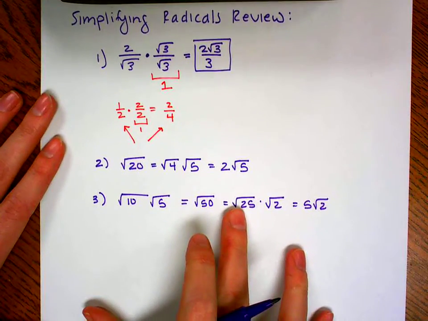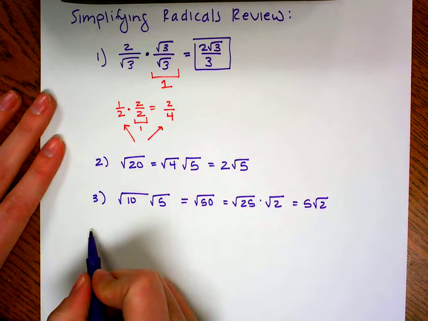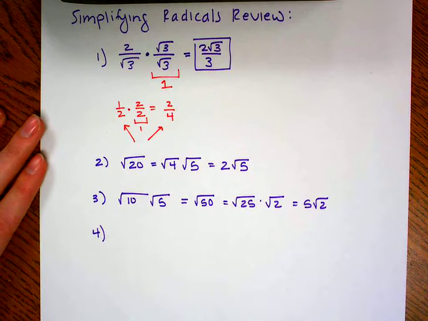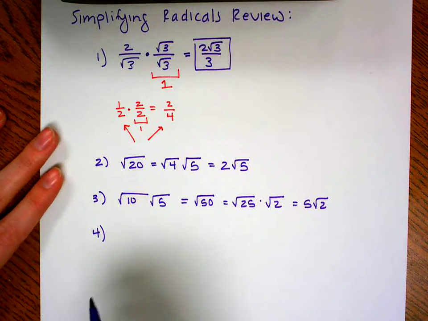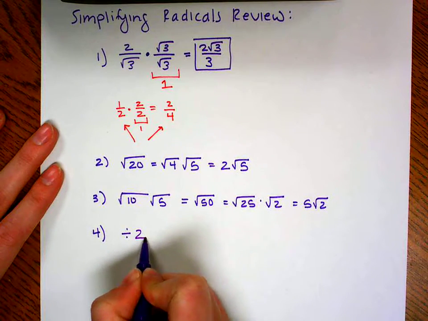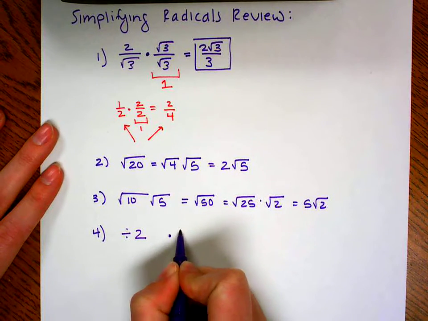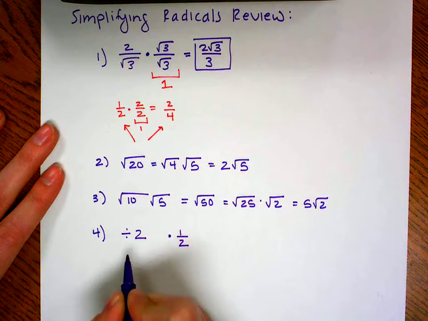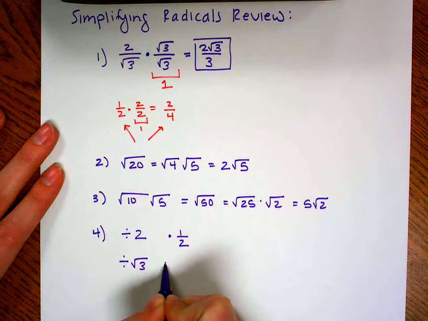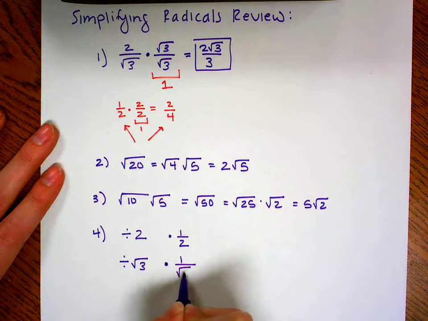The last thing that I would just point out really fast is when we're doing special right triangles, sometimes we have to multiply or divide by something. So remember, whenever you divide by a number, it's the same as multiplying by its reciprocal. Again, if you ever have to divide by root 3, that's the same as multiplying by its reciprocal.